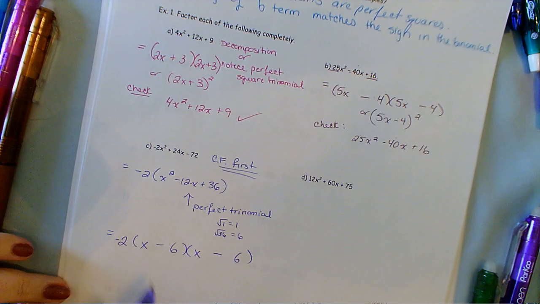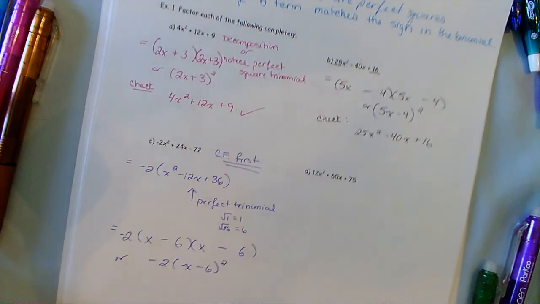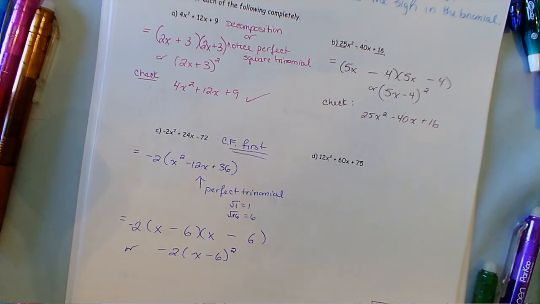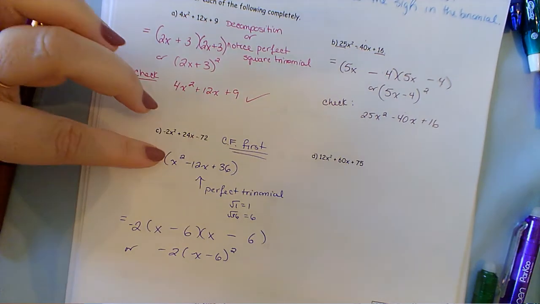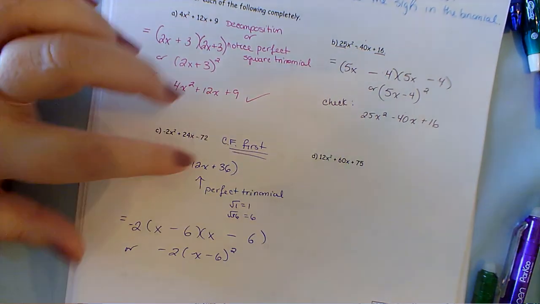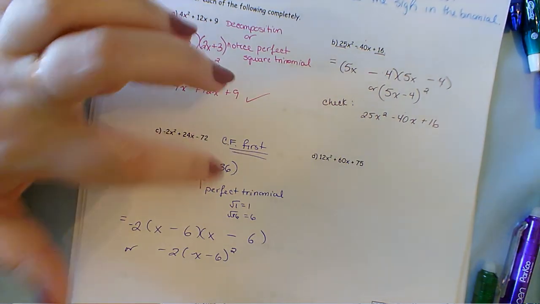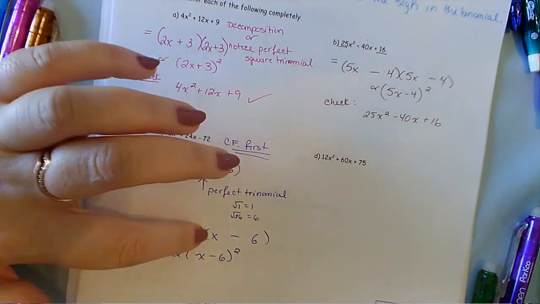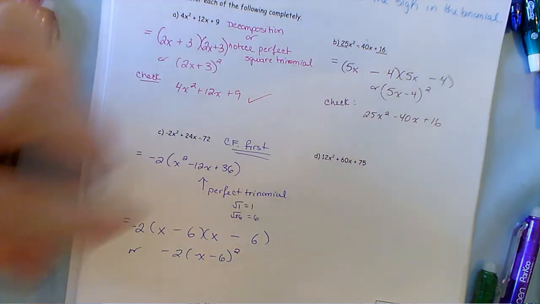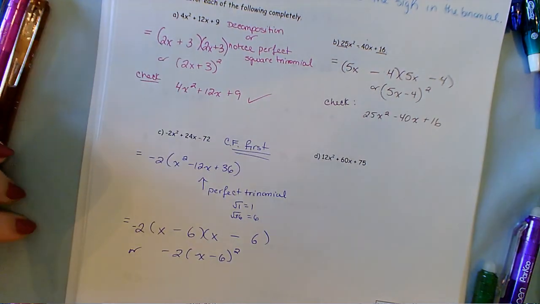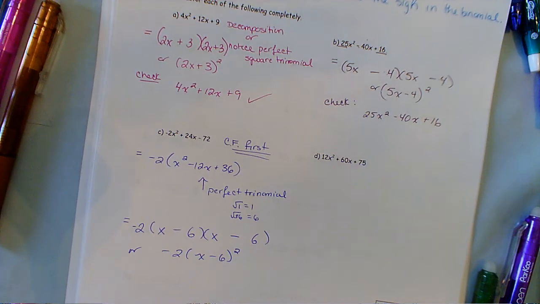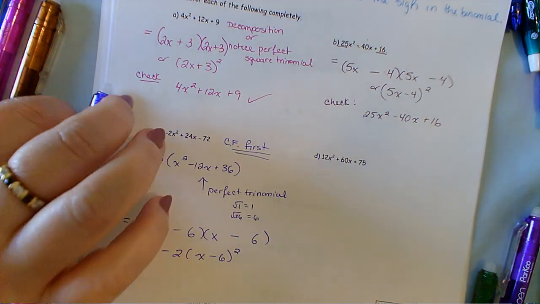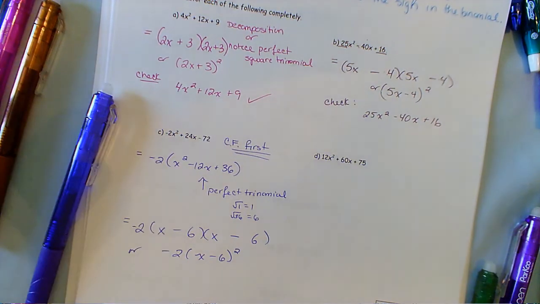We would have gotten this if we had just applied the perfect trinomial approach and not a simple trinomial approach, but it's the same thing. Two numbers multiply to 36, 6 and 6, 1x, 1x, both of them are going to be minus. And you get the same thing. So you end up at the same place in the end anyway, whether you see it as a simple trinomial or as a perfect trinomial.